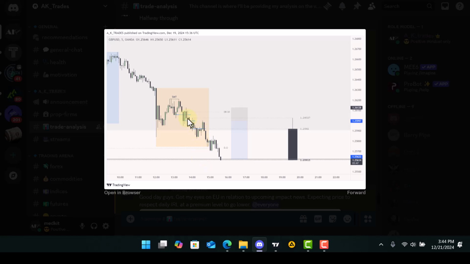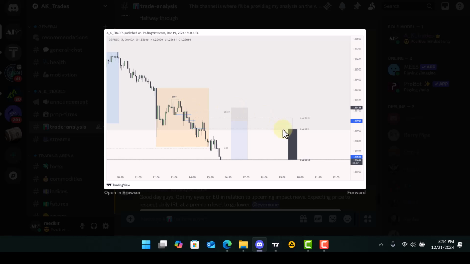So the 4 hour candle's high, that is the 10 a.m. GMT candle, before it closed bearish, it had already raided liquidity above the New York 8:30 open price. It had already raided that liquidity here.